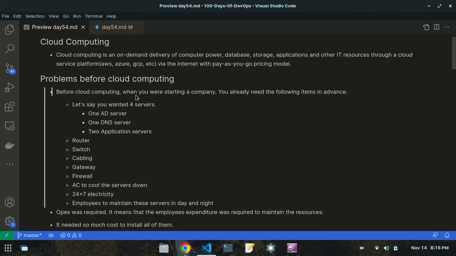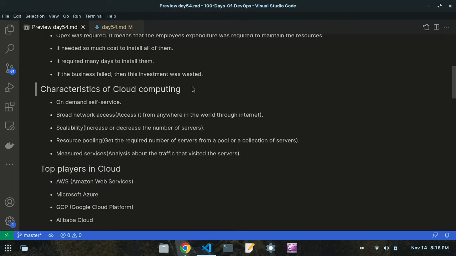You don't need these kinds of servers, routers, etc. Instead, you just need an internet connection and access to any cloud platform through which you can access those resources according to your need. Then you will pay a minimum bill on an hourly, daily, weekly, monthly, or even yearly basis if you want to. This was the headache that has now been removed.